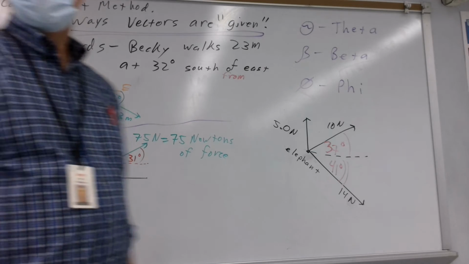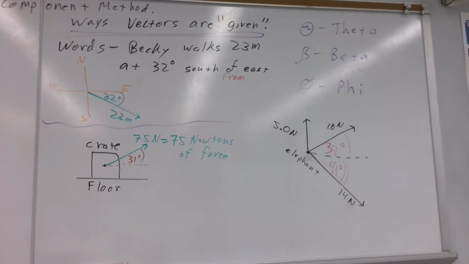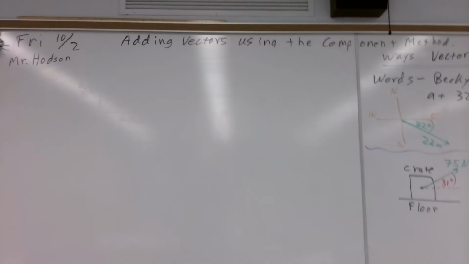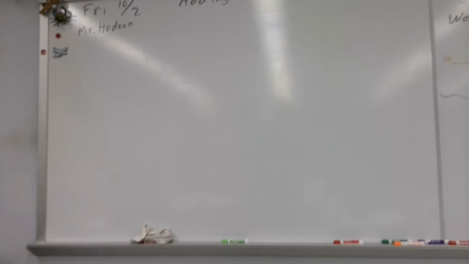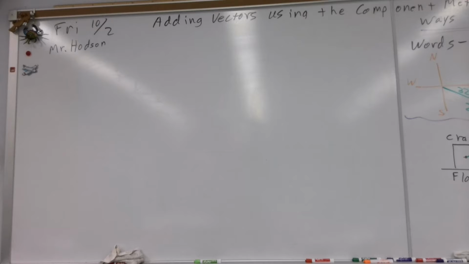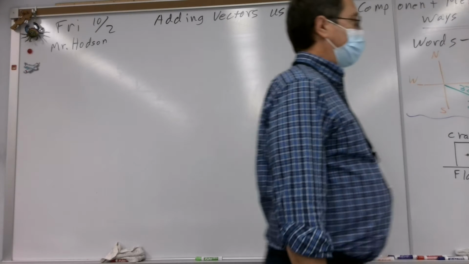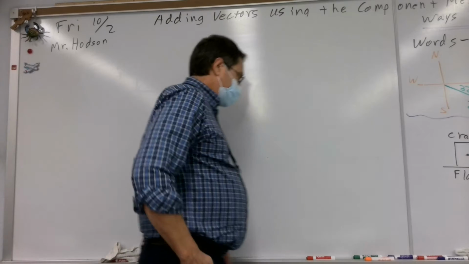Now I'm going to come over to the other side. Don't get dizzy if you're watching this video. Sorry. There we go. Okay. So here we go. We are going to figure out how to add those 3 vectors that we just drew.